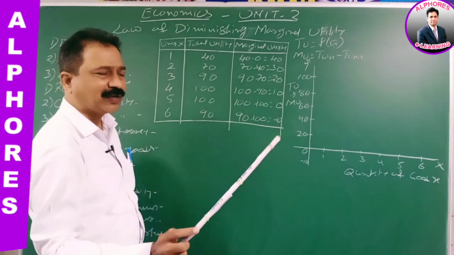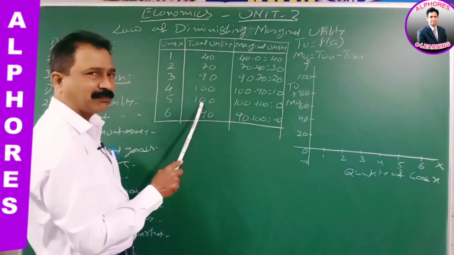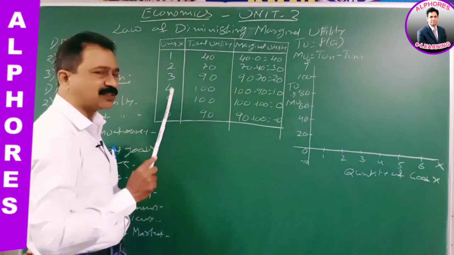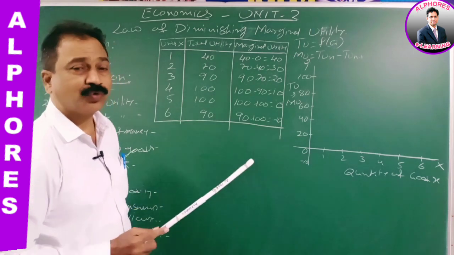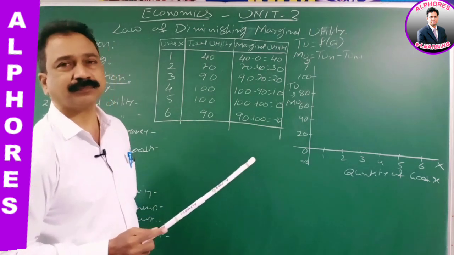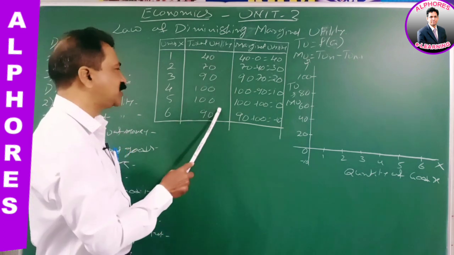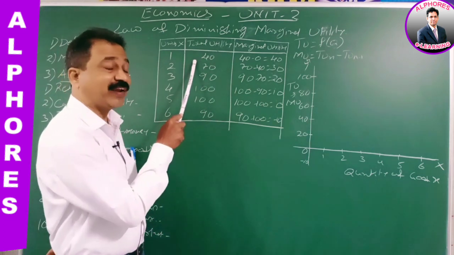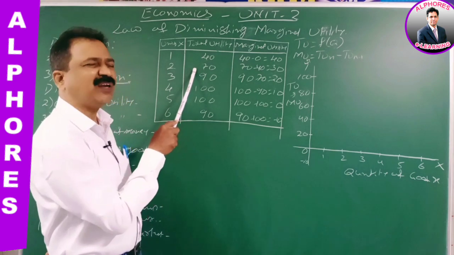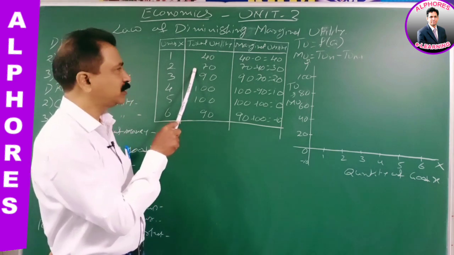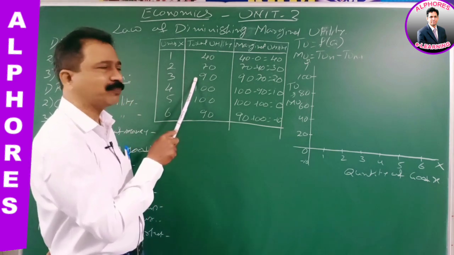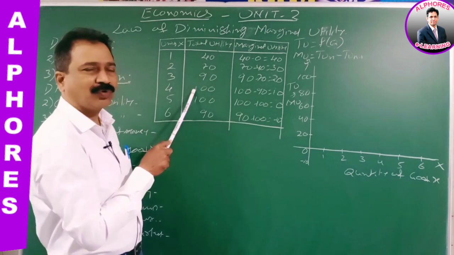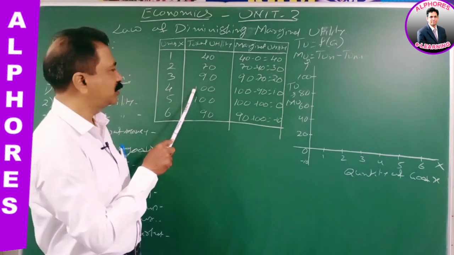And you don't want to eat. But as you completed the fifth mango, they put a sixth mango in your hand to eat. Already you are bored with these mangoes. At first you are very happy. Second one, a little bit less, but still you are enjoying. Third one, okay. Fourth one, please, I don't want it.